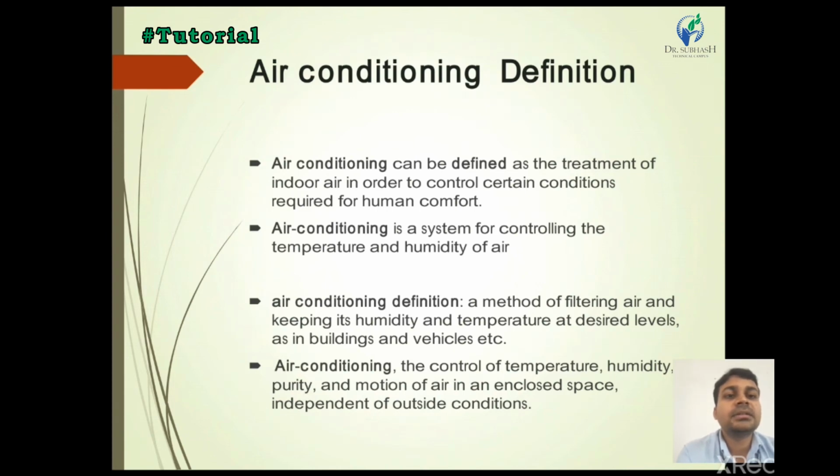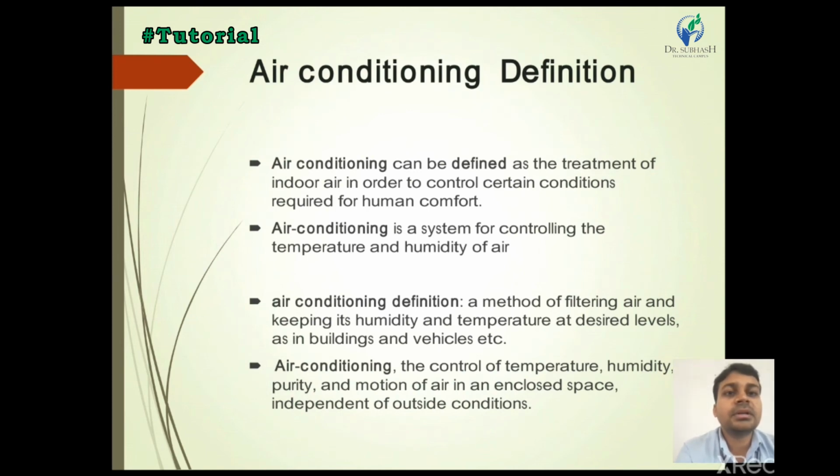Air conditioning is the control of temperature, humidity, purity and motion of air in an enclosed space, independent of outside conditions. In our basic terms, an air conditioning system maintains the room temperature at a human comfort level.